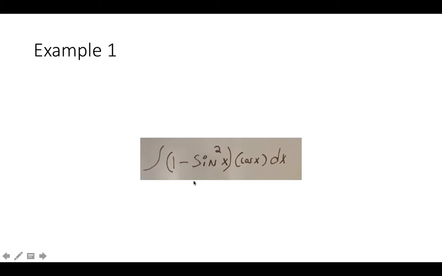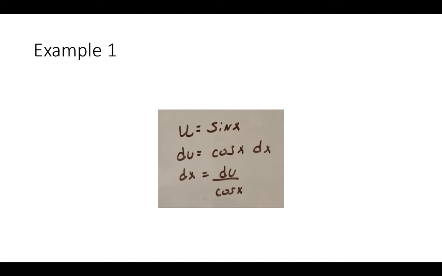Now we have 1 minus sine squared x. What are we going to do now? At this point, it's probably best to think of a u substitution. If I make my u cosine x, I can't get rid of sine squared x. But if I make my u sine x, I can get rid of my cosine x. So that's what I do.